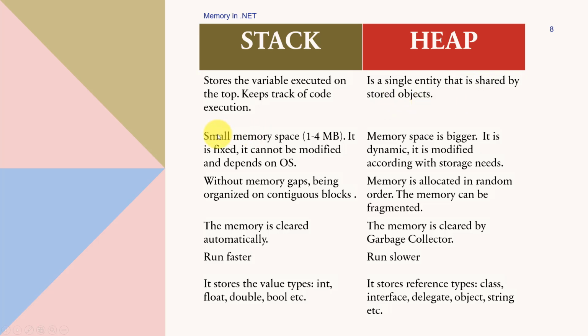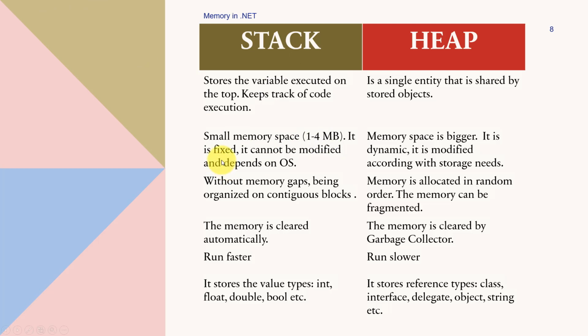Stack memory is a small memory space between 1 and 4 megabytes. 1 megabyte is for a 32-bit based processor, and up to 4 megabytes is for a 64-bit based processor.